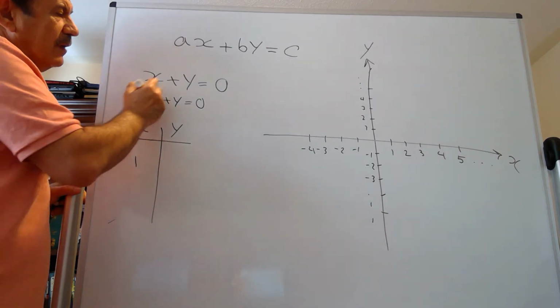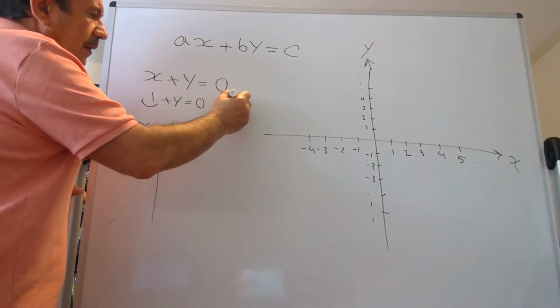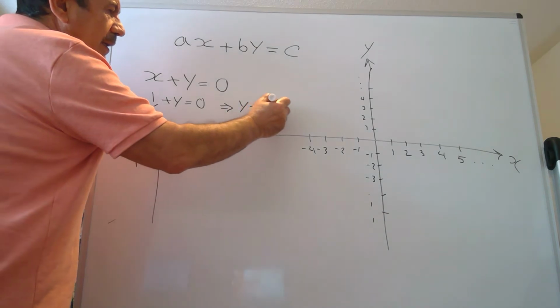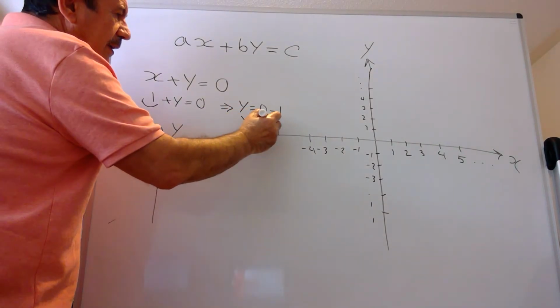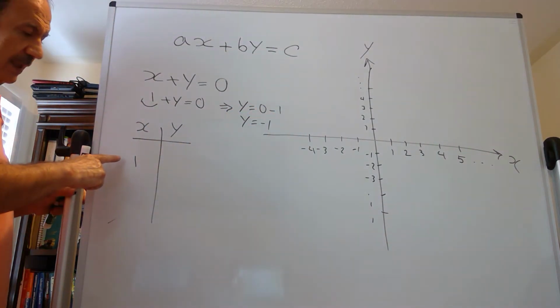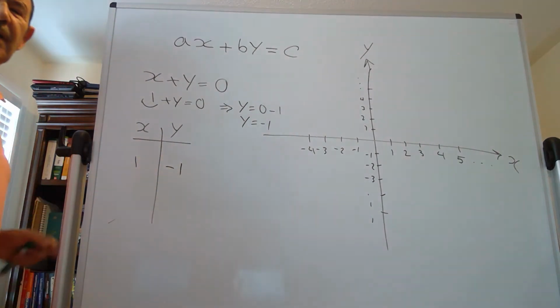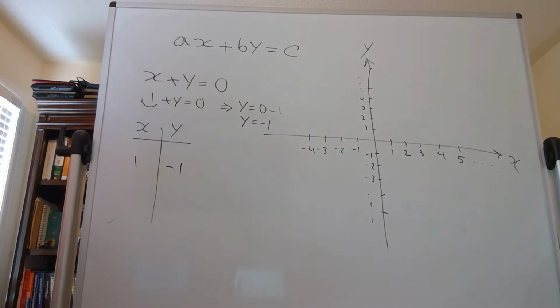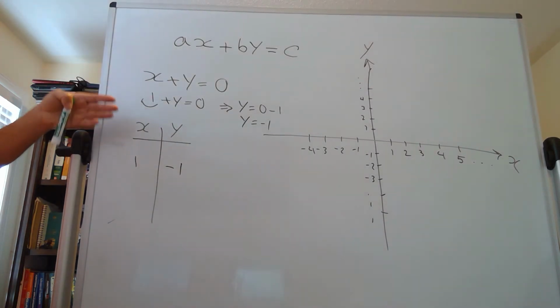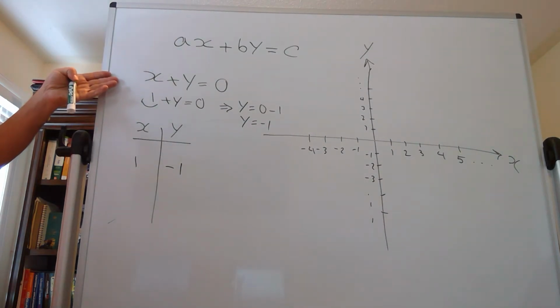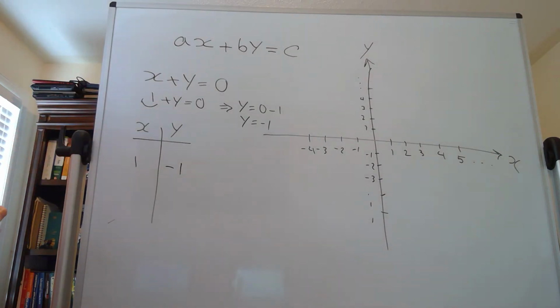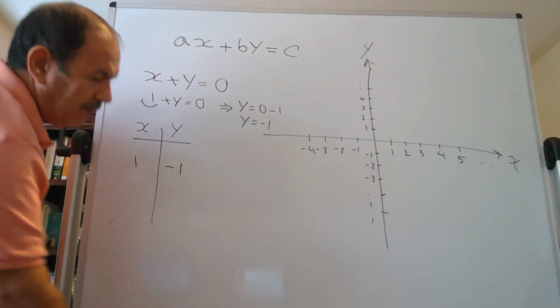If I move the 1 to the other side, y is 0 minus 1, so y is negative 1. So if I pick 1 for x, negative 1 is y. I can pick 2 for x, or 3 for x, or negative 1 for x. It doesn't matter.